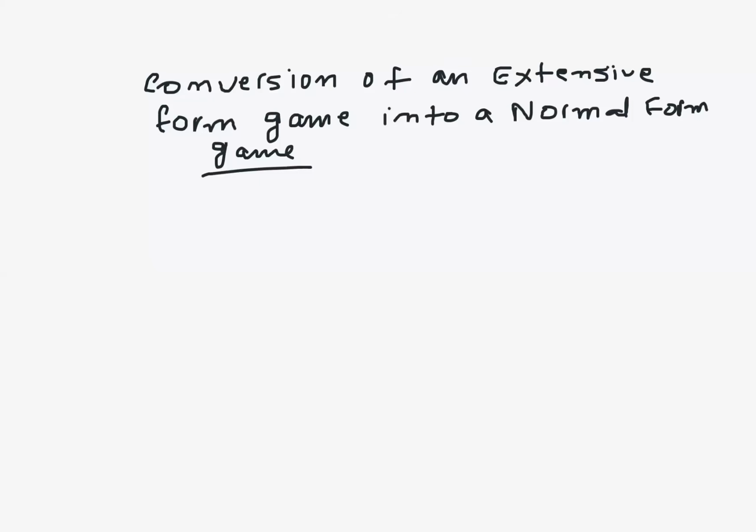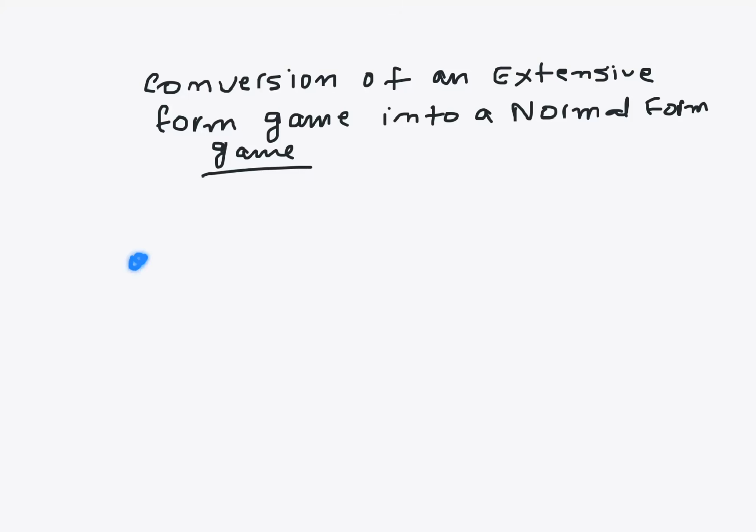So in this video, let's look at how to convert an extensive form game into a normal form game. So let's consider a simple extensive form game. Let's say we have two players in the game.